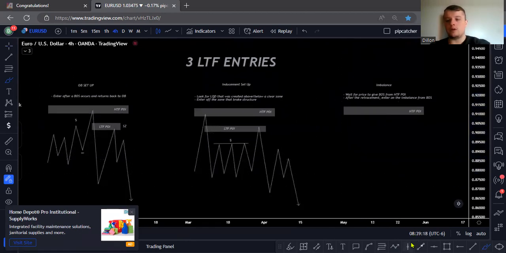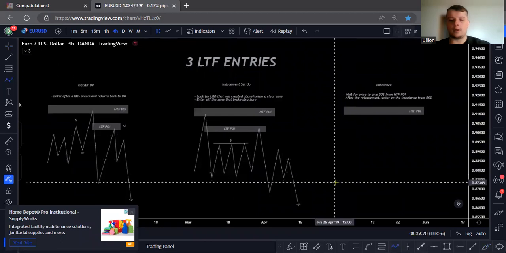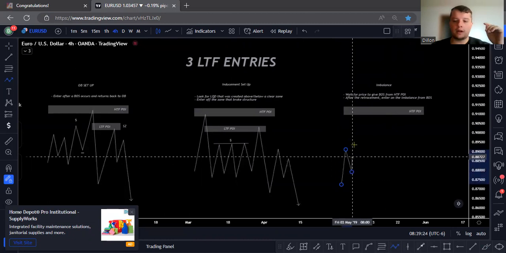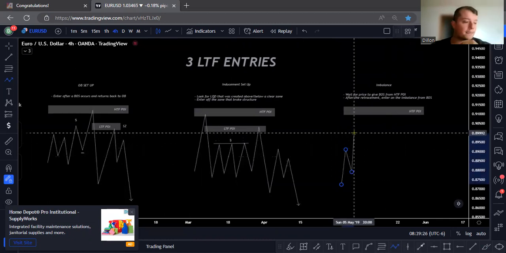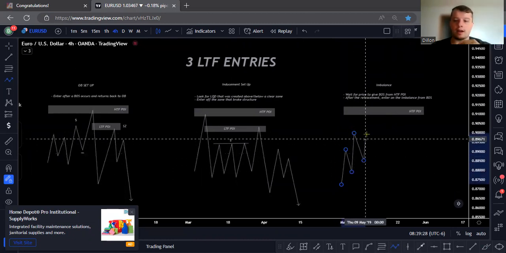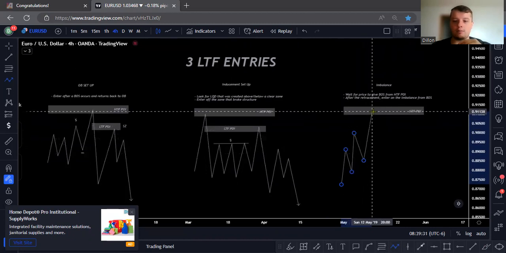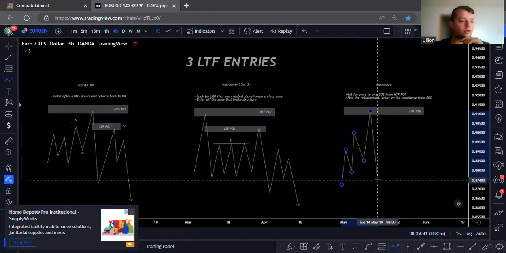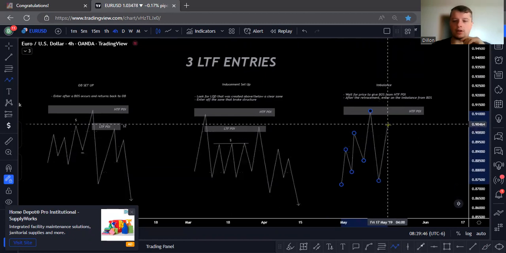So now we go to the lower time frame and say price is starting to retrace back up into that area. And now price hits that area, right? What happens? There's a huge drop to the downside and a retracement back up into this area again, right?